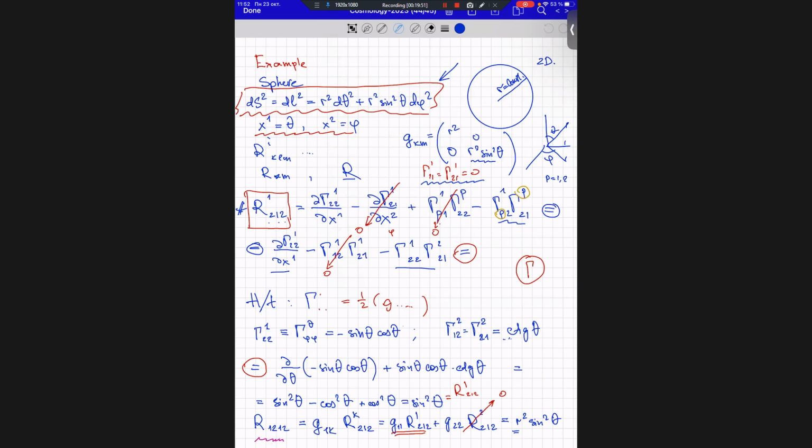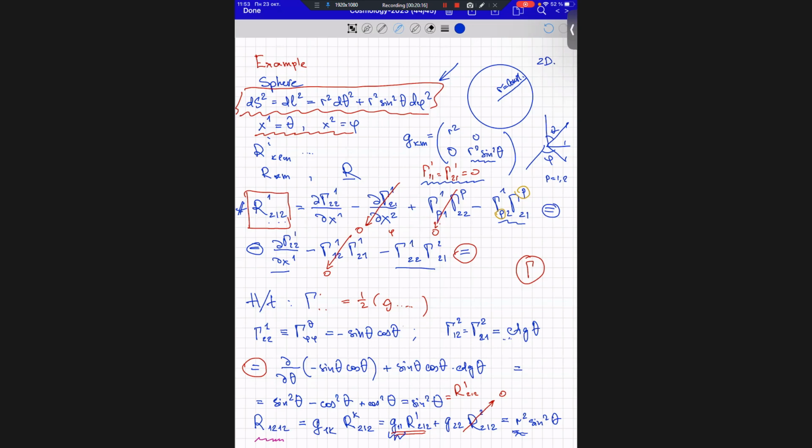So why can we just replace, or we just multiply it by g? Yes, we multiply by g11. So this gives us R with g11, where 1 is the lower index. Yes, lower indexes.